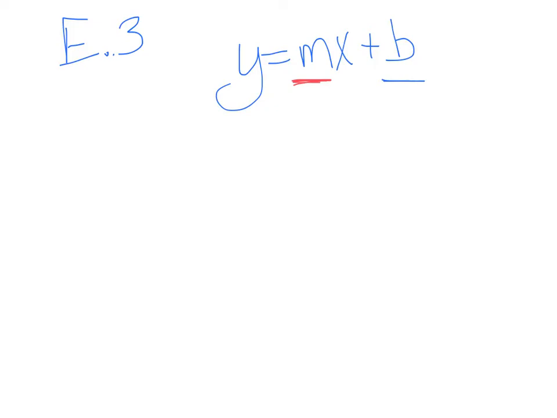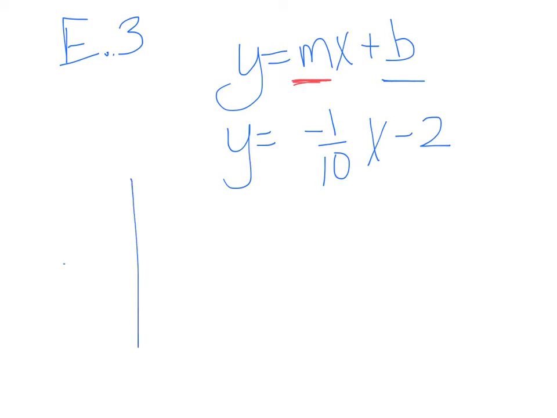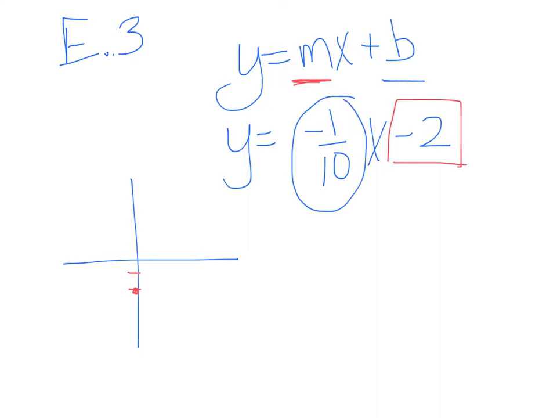So if they give you a line in this form, like mine gives me this, it's pretty easy to graph because you can find the y-intercept, the -2, go down on the y-line and put that -2 as a point on the y-line. And then we're going to count the slope, which is this -1/10.